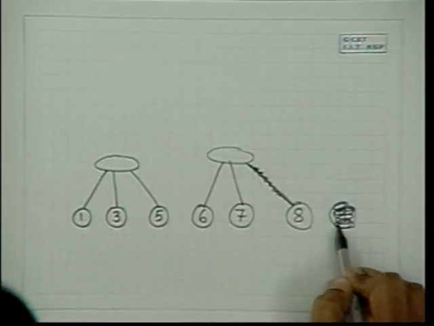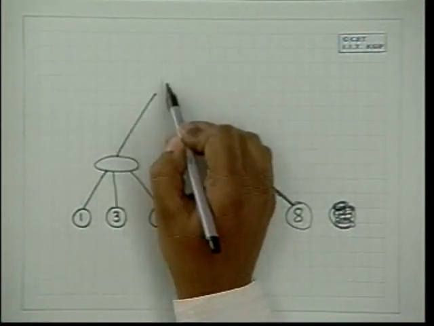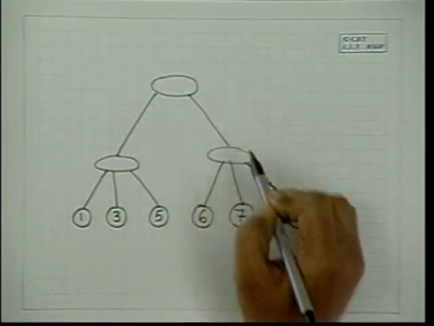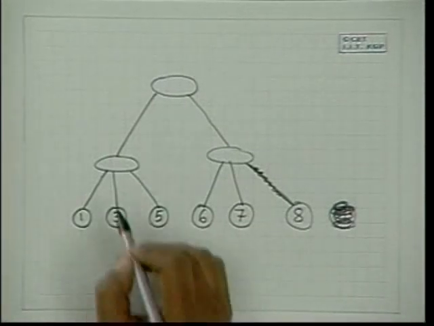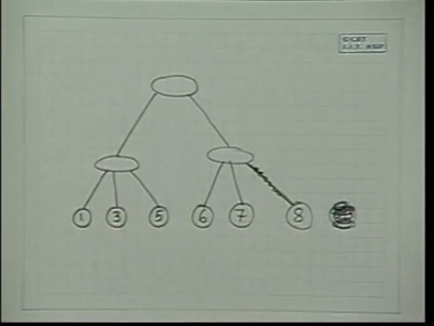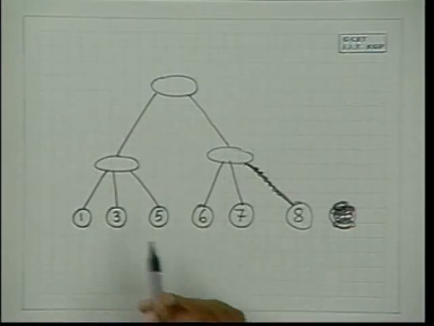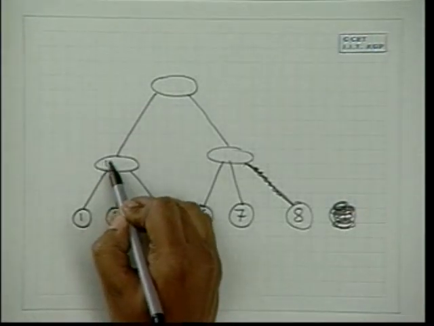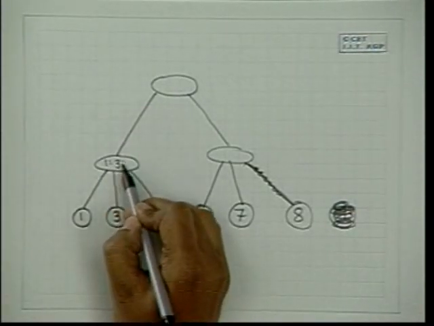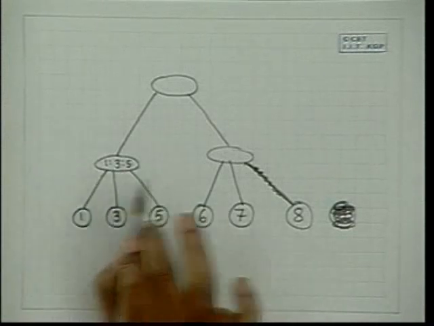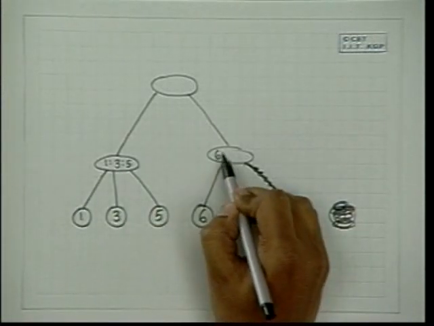Anyway, forget it. Let's make this tree only. Suppose it is this one. So this is also a 2-3 tree: 1 3 5 6 7 8. Let us store for the time being all the three values. All right, it will be easier for us to work.